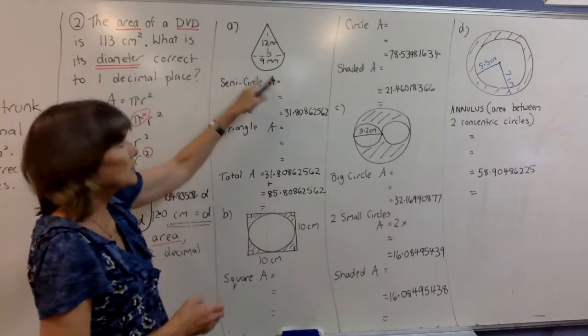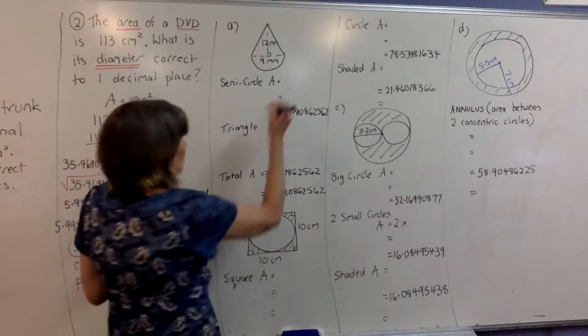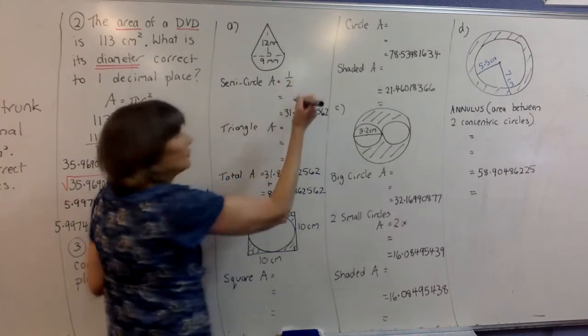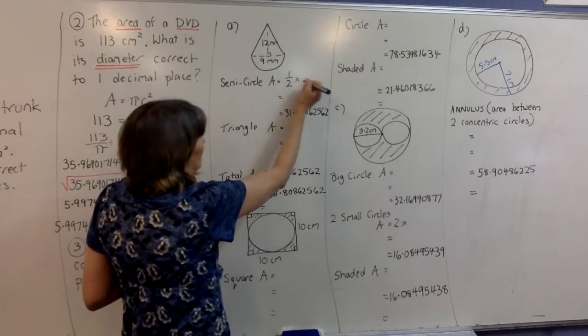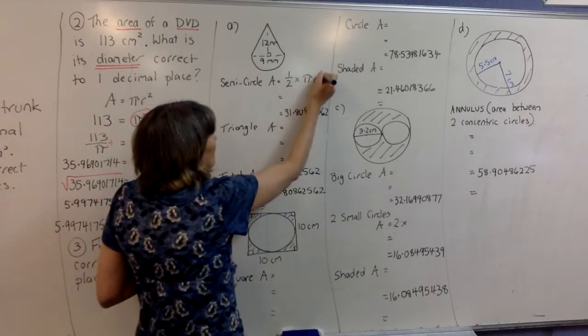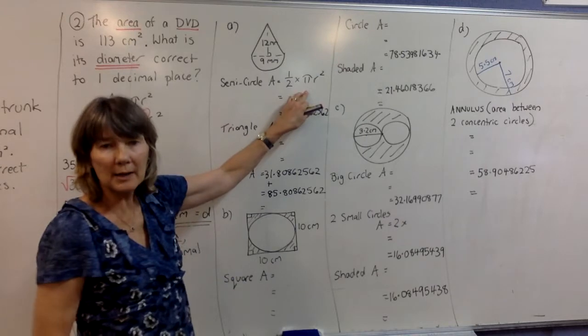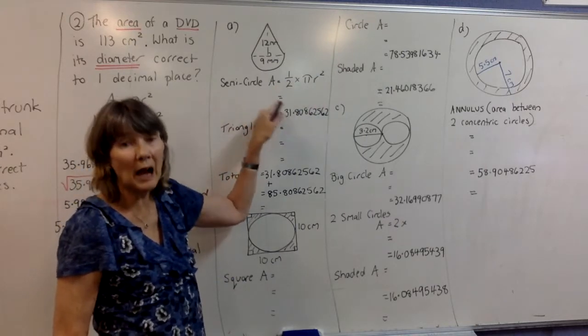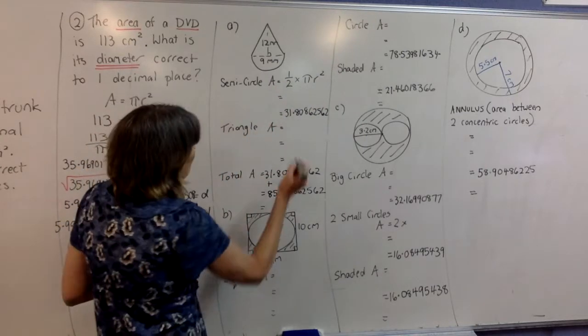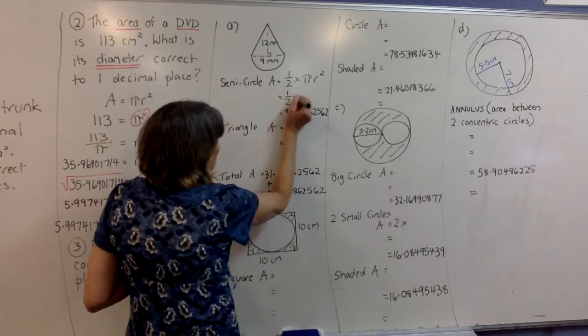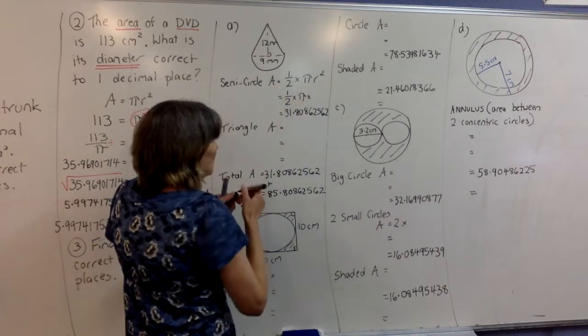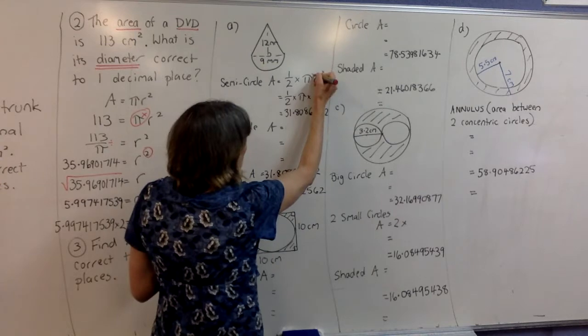So a semicircle is half a circle. So we're going to do half of pi r squared. The area of a circle is pi r squared, but a semicircle would be half of that. Okay, so we're going to sub in. We've got a half times pi times, don't forget you have a times in here.